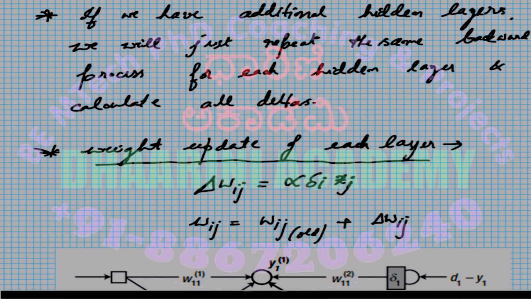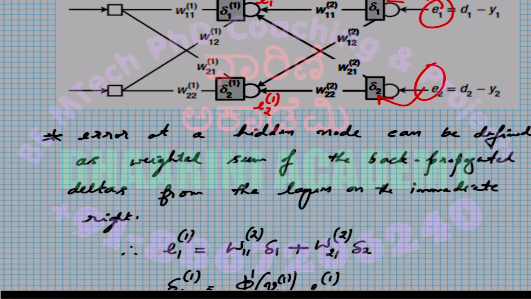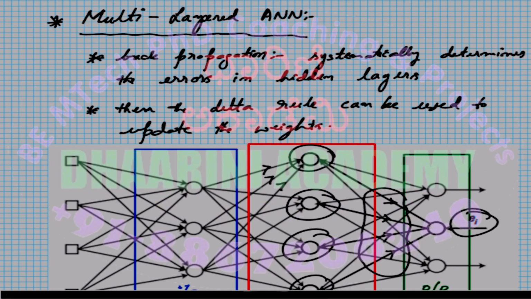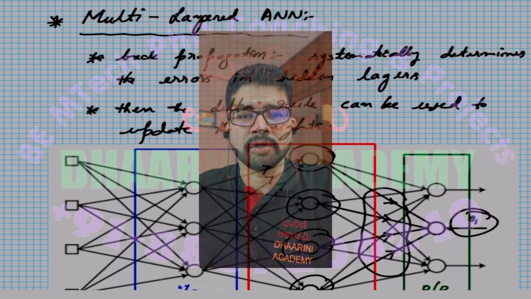We were discussing the multi-layer neural network design, and we have seen one specific type of learning rule called back propagation.